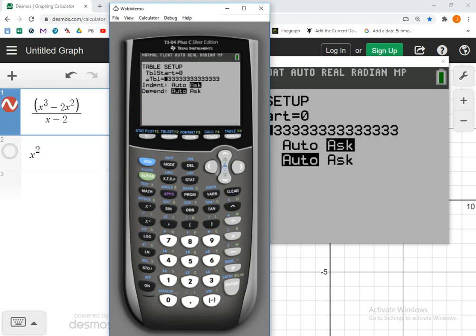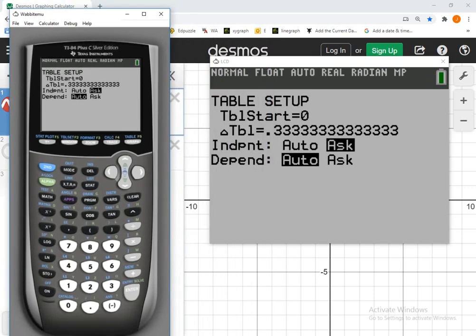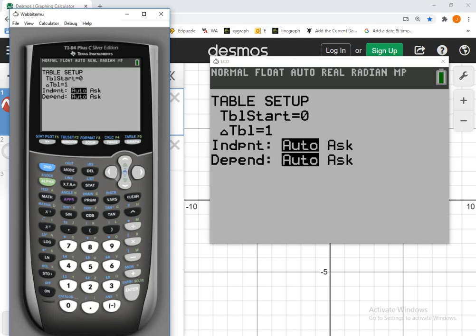All right, so most of our windows, or not windows, tables, are going to be set up initially. If you've never messed with this thing right here, that's kind of the default that these things are shipped with.